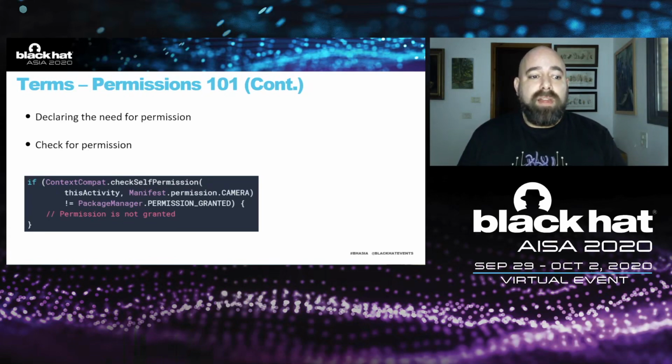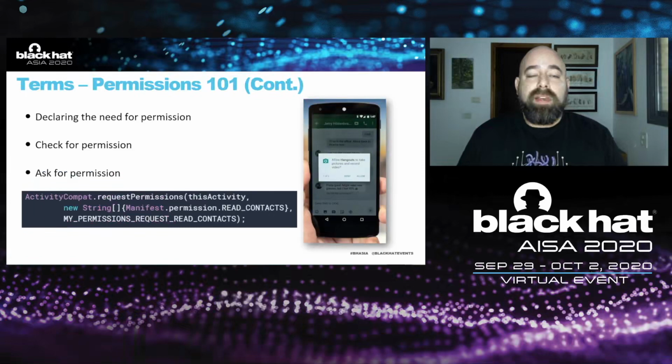If not, then there must be an activity that asks for this permission. And you can see on the right, we all know this pop-up screen that asks us to allow some sort of application a permission. For example, access to camera.